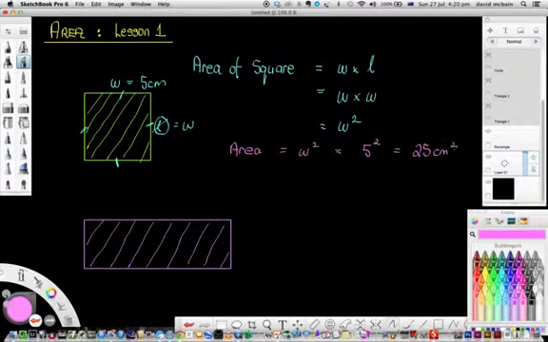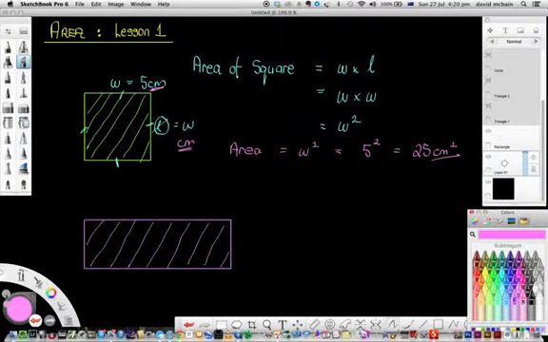Now the reason why we're squaring the centimetres is because it's actually centimetres multiplied by centimetres. So always when we're measuring area, the units will be whatever the unit we're using squared. So in this case, because our sides are in centimetres, the area will be in centimetres squared. So we multiply the numbers together and the units in this case are centimetres squared.